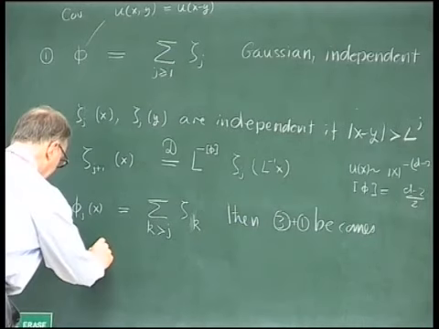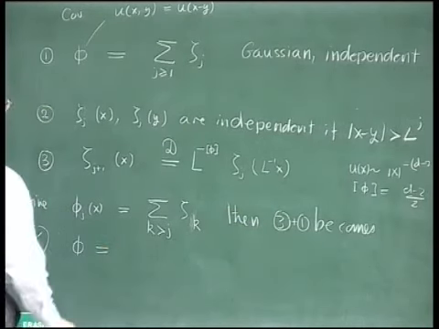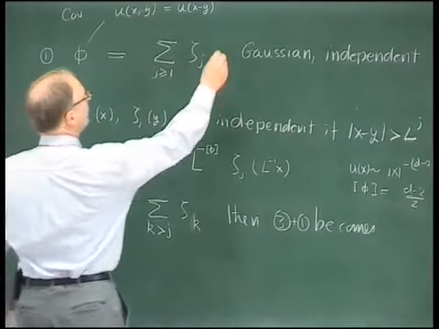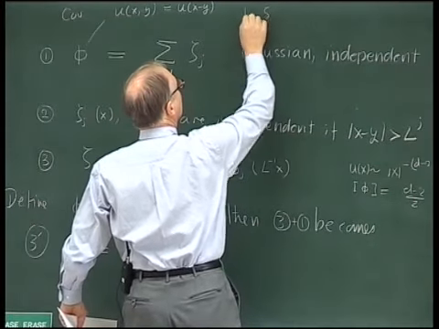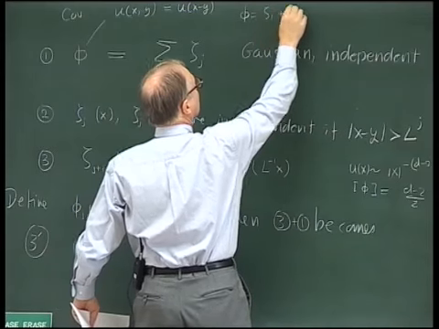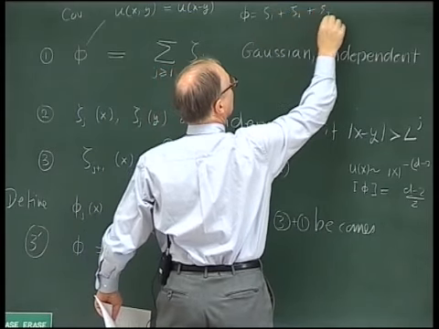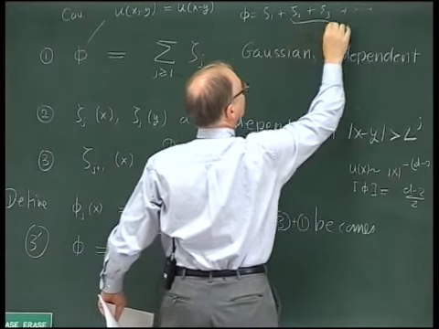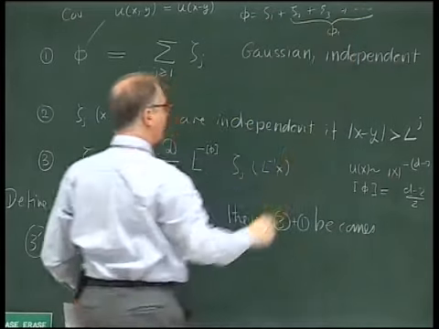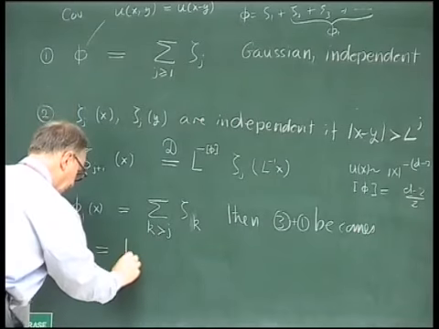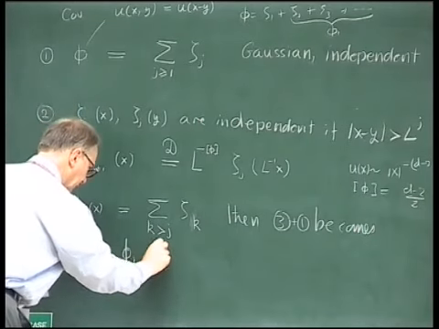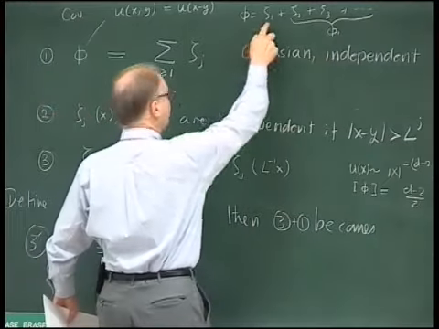But this phi is equal to, and what you do is you just think of this as phi is equal to zeta 1 plus zeta 2 plus zeta 3, like that. And you call this lot here phi 1. That's the definition I'm making. So it's phi 1 plus the first increment, zeta 1.